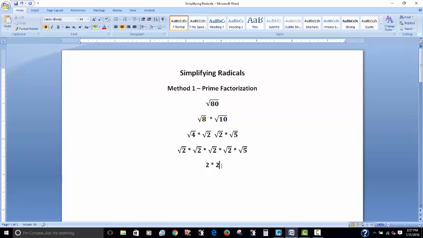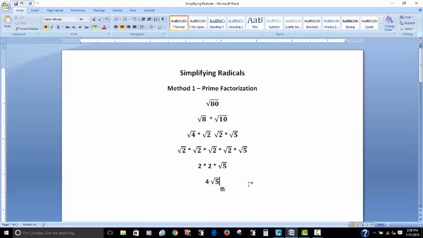Radical 5 doesn't break down any further, so I would just simply have radical 5. So now I have 2 times 2 times radical 5. We know that 2 times 2 is 4, radical 5. So the prime factorization method for radical 80 would be 4 radical 5, again, once we break it down the prime factorization way.